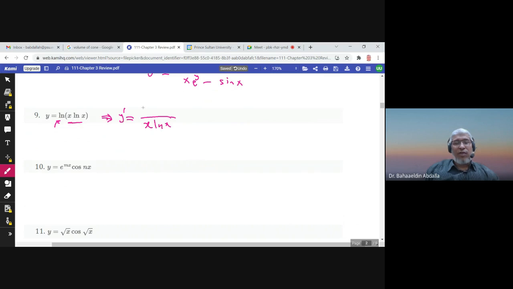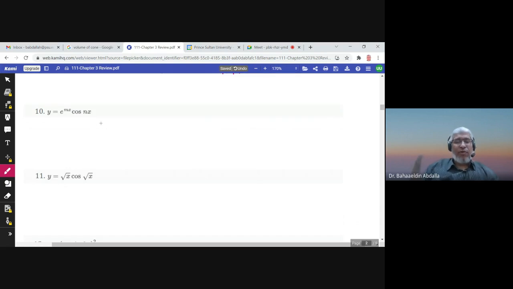So the derivative of x is 1, and x times the derivative of ln x, which is 1 over x. So the final answer would be, x times 1 over x is 1, I can write it first: 1 plus ln x over x ln x would be the final answer.